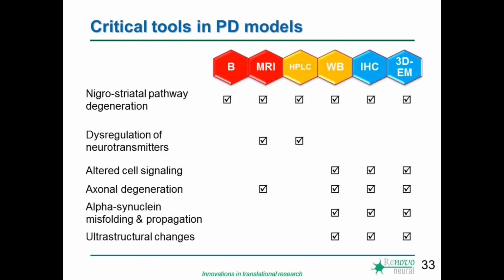In conclusion, this table should help summarize our presentation today. Here at Renova, our approach is to build high-quality, reliable studies with the most appropriate disease readouts to facilitate rapid preclinical decisions. Two potential scenarios could be considered here.